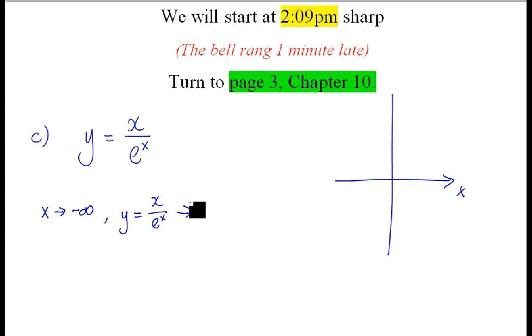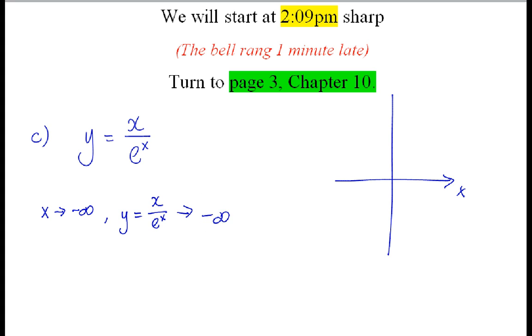If x is negative 10,000, e to the power of negative 10,000 is a very small positive number. You don't believe, you try on your calculator. So I have a negative 10,000 divided by a very small positive number. Your number gets negatively large, so negative infinity. This is easy.